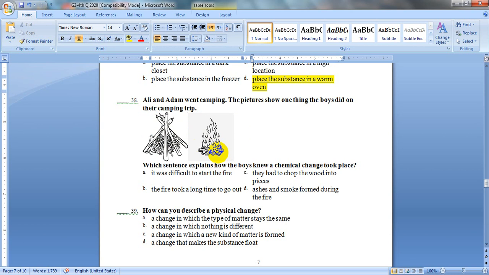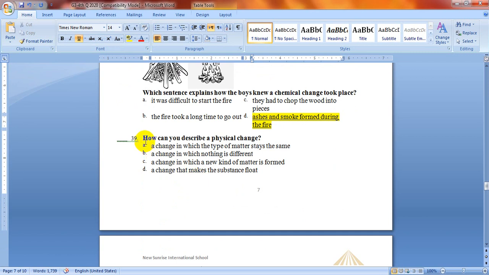How did they know that it's a chemical change? It was difficult to start the fire. The fire took a long time to go out. They had to chop the wood into pieces. Ashes and smoke formed during the fire. It's letter D. Why? Because a chemical change means that new kinds of matter are formed.